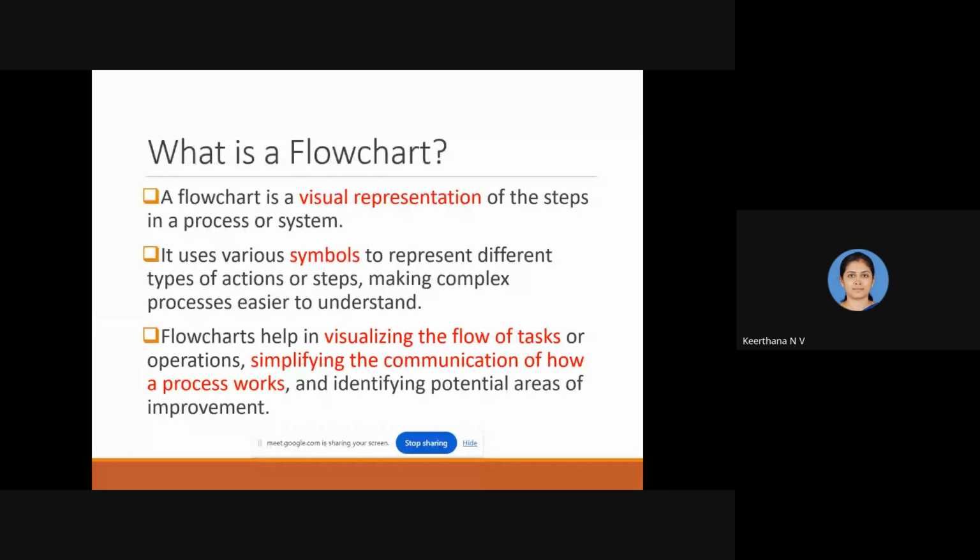It means that it simplifies the algorithm writer's work by representing it as a diagram. If it is a diagram representation, it will be easily understood.